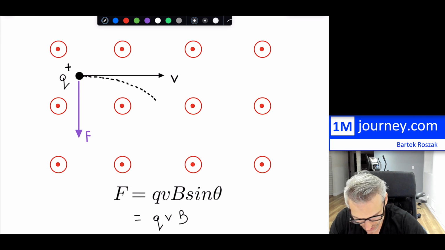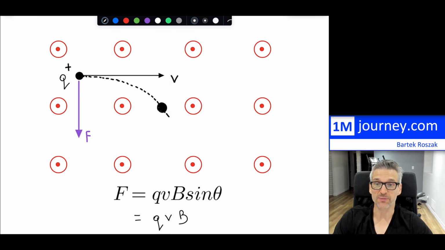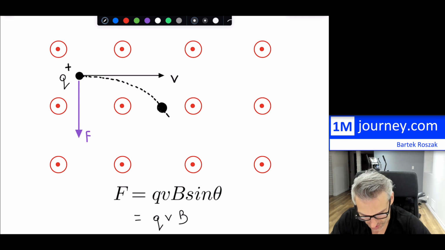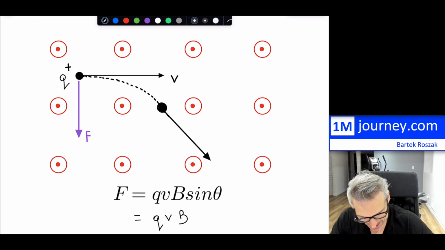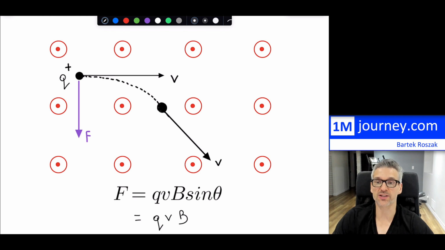Now, as it starts to bend and continues on, let's say that the charge is now at a little bit further distance, somewhere over here. That means that the speed itself is no longer pointing as it was, but it would have been pointing in this direction, right? So as the charge keeps moving, that is now the speed, and we're still assuming that it's perpendicular to the magnetic field.